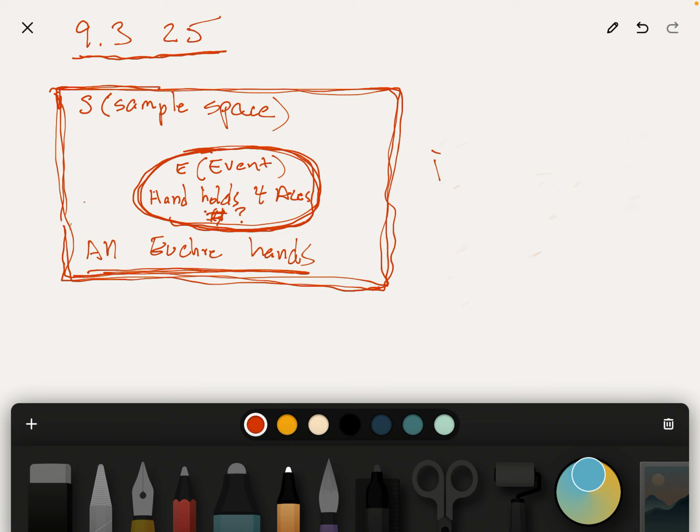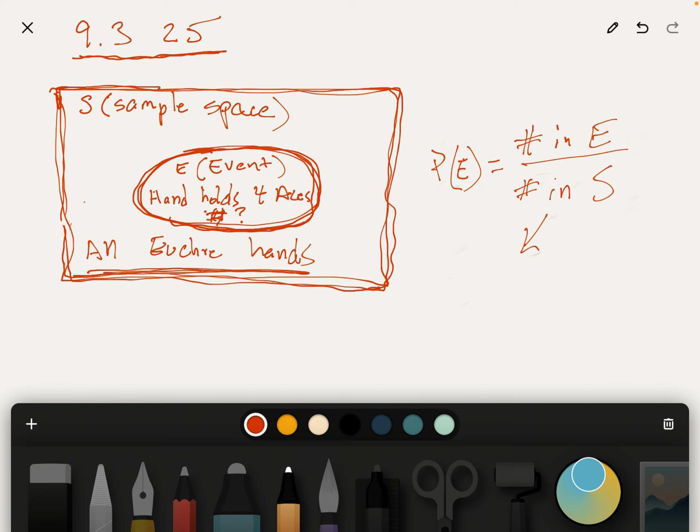Anyway, the basic idea of probability is that the probability of an event equals the number of items in E divided by the number of items in S, the sample space. And the denominator is the easy one to see almost right away.